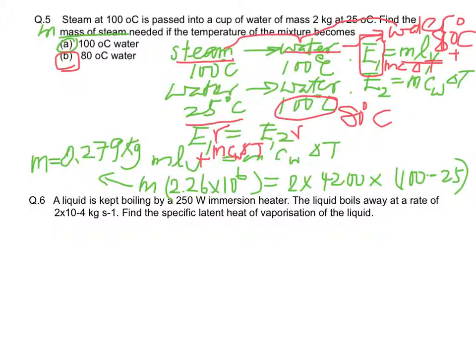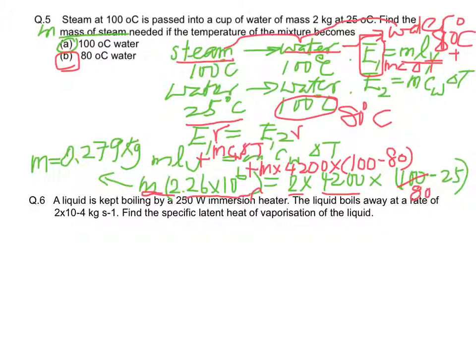That is to say, besides mLV, we have plus mCw, which is 4200, and the temperature decreased from 100 degrees Celsius to 80 degrees Celsius, equal to 2 times 4200 times, this is not 100, instead it is 80 minus 25.